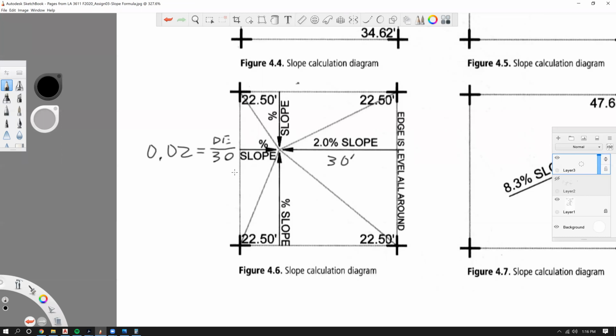So you're going to multiply 30 times 0.02 to give you the dE. Does that make sense, why you're going to multiply both sides by 30? Or do you want me to kind of, yeah, let me show you.